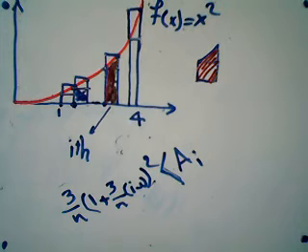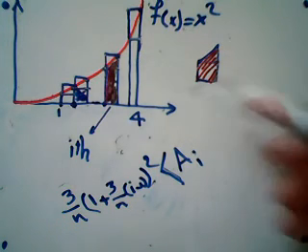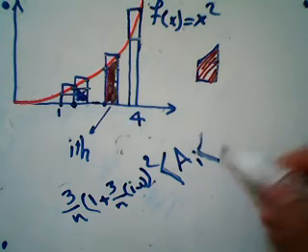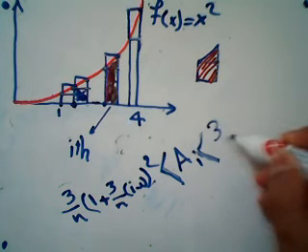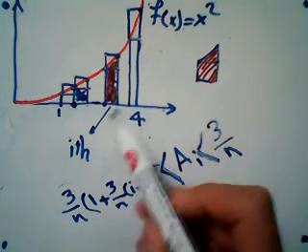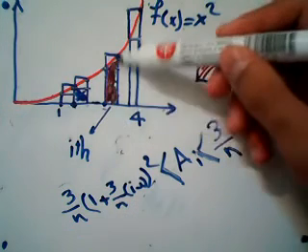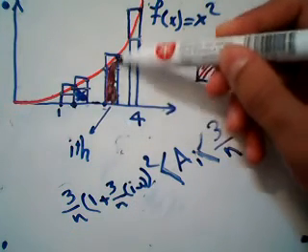Okay, and what is the area of this rectangle? It is smaller than 3/n, the length of this side times the length of this side. And what is the length of this side?